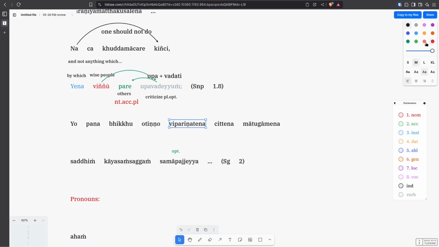Viparīṇatena: altered, overcome, distorted mind.